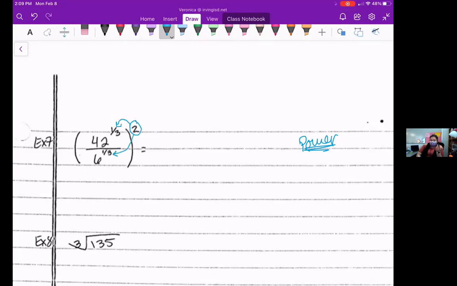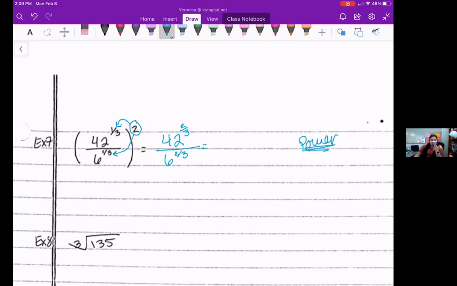I have 2 bases. I have a base of 42 and a base of 6. Both of them have exponents. Every base has to get that new power. So we're gonna have 42 to the power of 2 over 3, over 6 to the power of 2 over 3. Now, what law do we see?